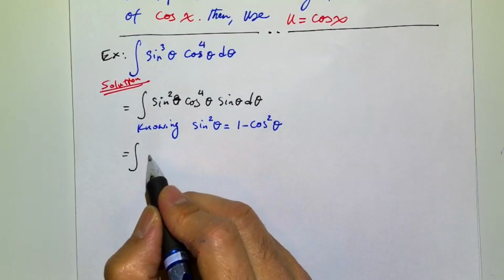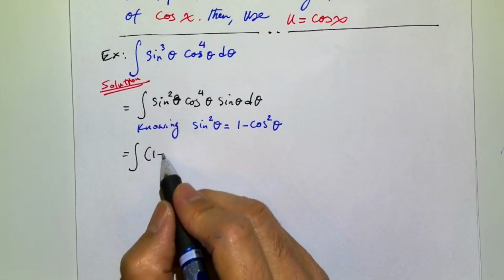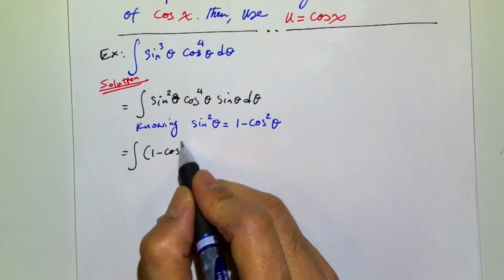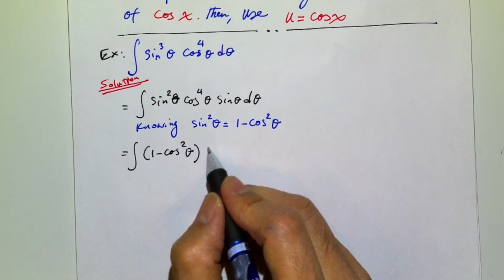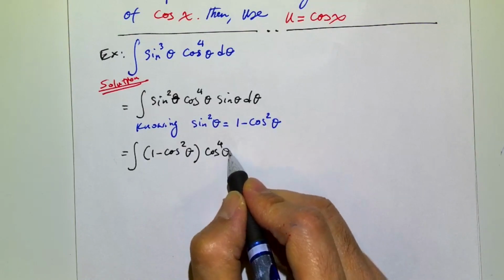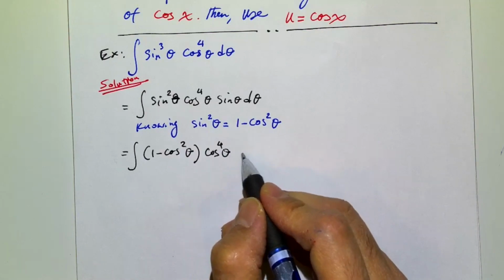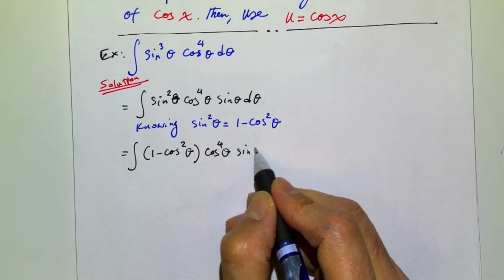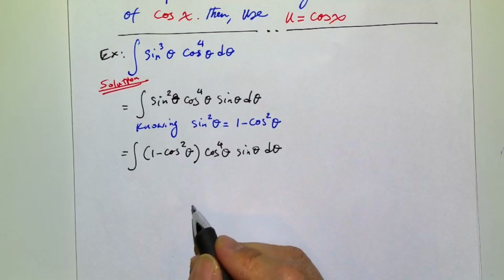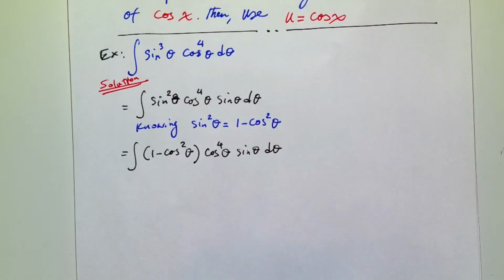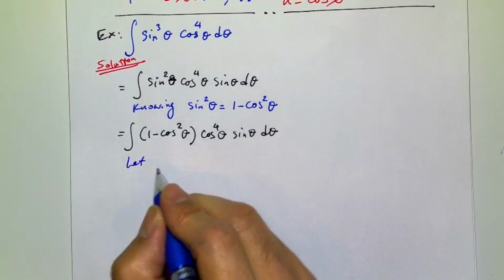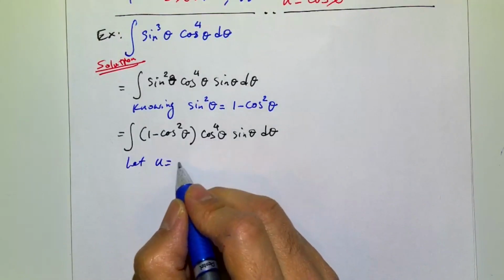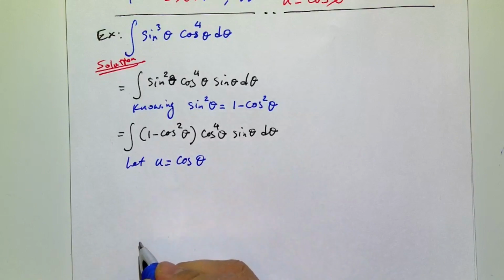So we'll have, substituting for that, 1 minus cosine squared theta times cosine to the fourth power theta, and then sine theta d theta. And of course, at this point, we want to pick our substitution variable. So let u this time equal cosine of theta.